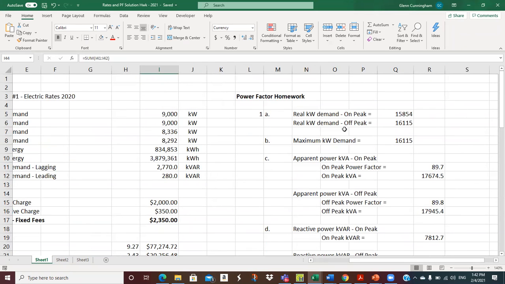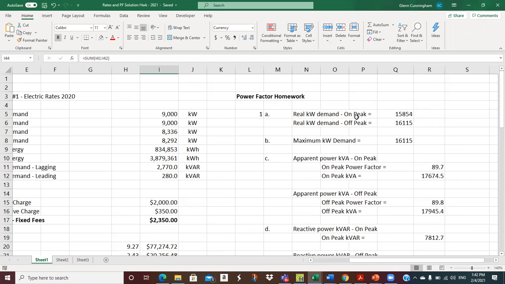This is more just on the capacitors and power factor and triangle and all. Basically, these are just the answers. I'm just looking at the bill as given, real demand.